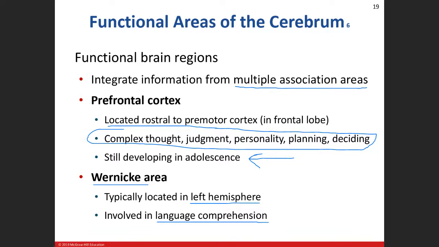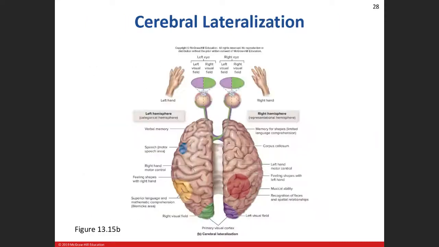Now, you could still speak to me, because that's a different area. You'd be using your Broca's area, the motor speech area, so you'd be able to vocalize your words. But Wernicke's area is more in the parietal lobe, I should say. Let me see if I can find a picture. Here we go.